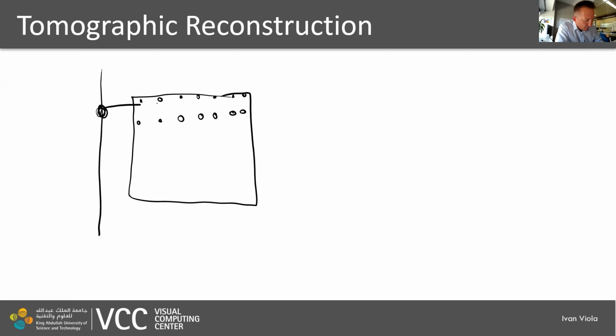This ray is sampled at some distances, and these are reconstructed values from the samples in the discrete representation of the volume.